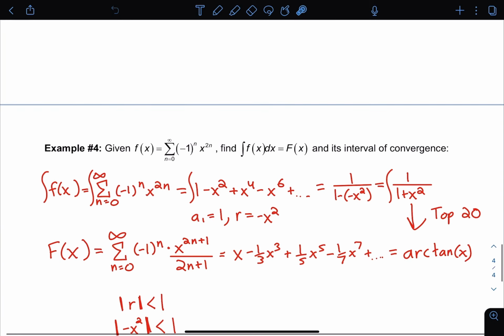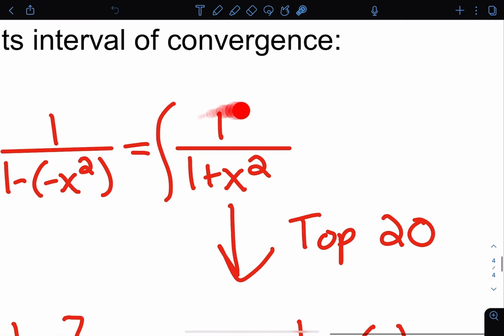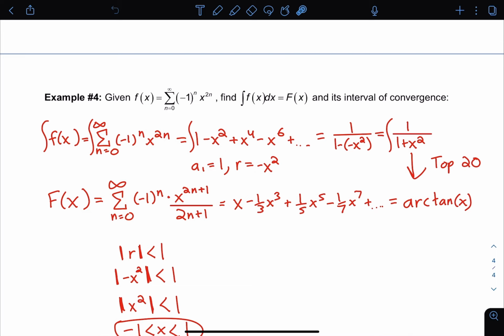Okay? But based on this one, and the fact that when we do the sum of an infinite geometric series, we happen to get something that's a top 20 integral, we can come up with a sum for arctangent of x, which is kind of crazy, okay?